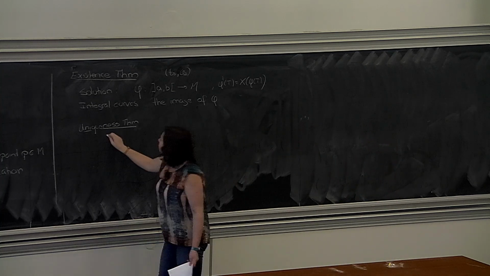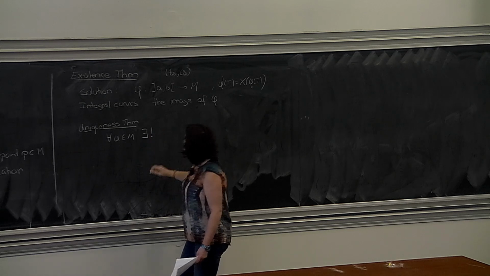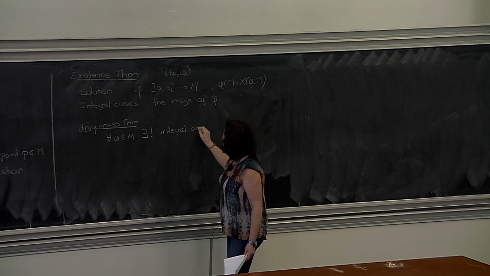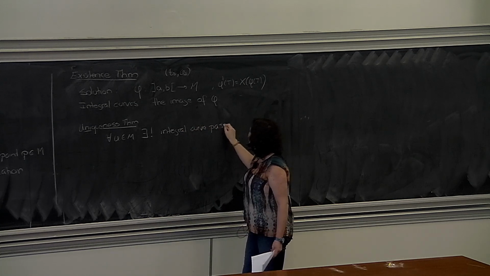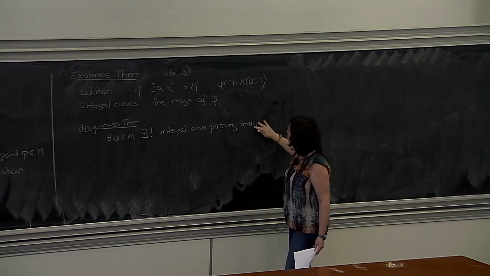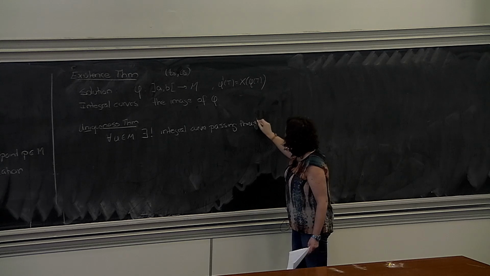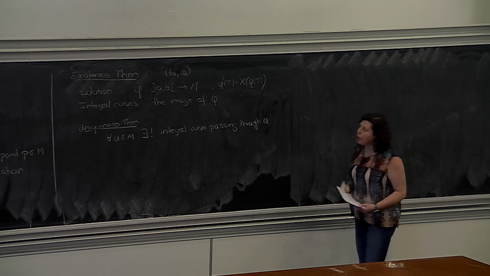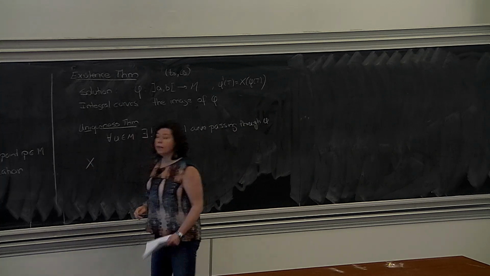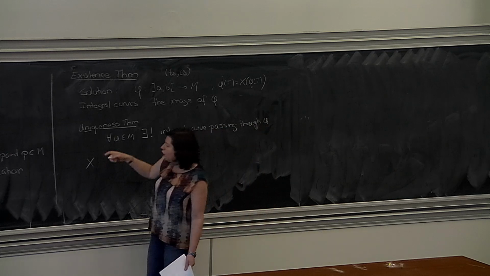So for every point x on M, there exists a unique integral curve passing through x. And the vector field here defines a foliation, a one-dimensional foliation on the manifold M.